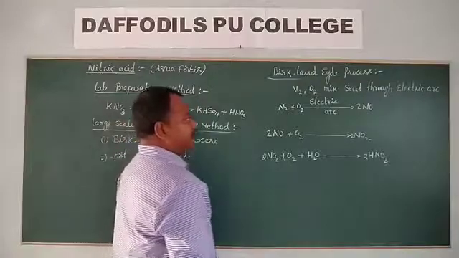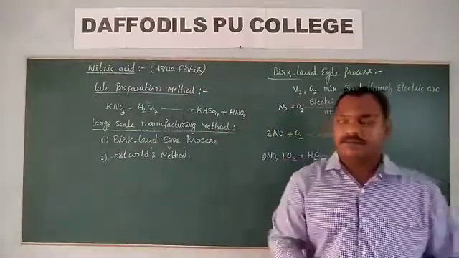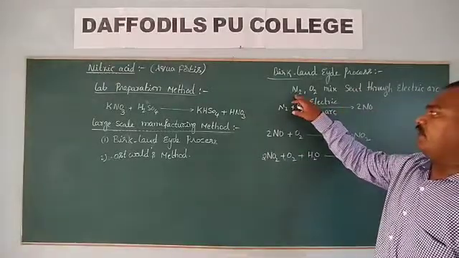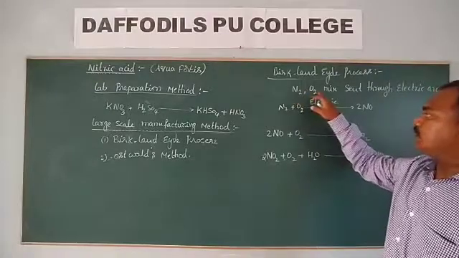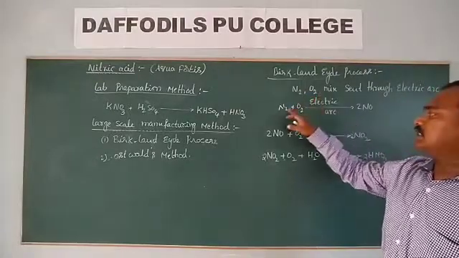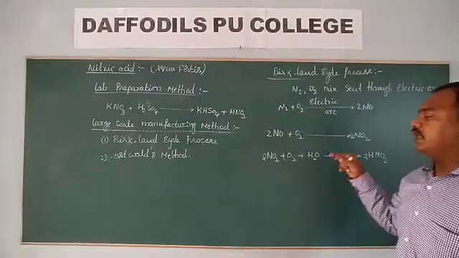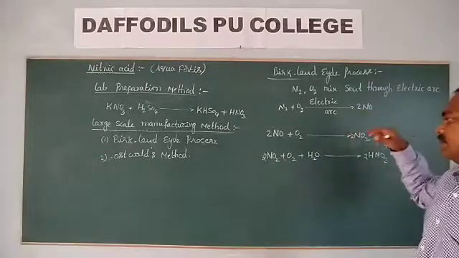So this is the Birkeland method. It is used in places where electricity is cheaply available. In this process, nitrogen and oxygen are sent through an electric arc, and we will get nitric oxide.